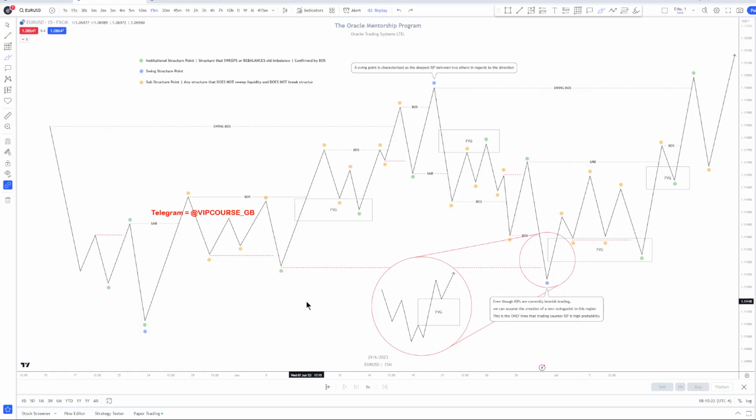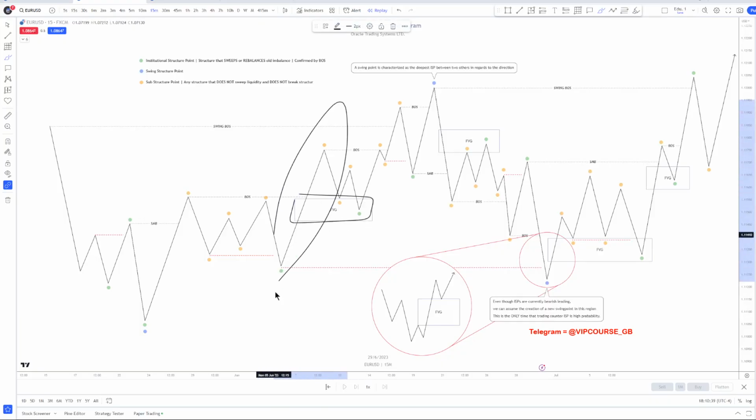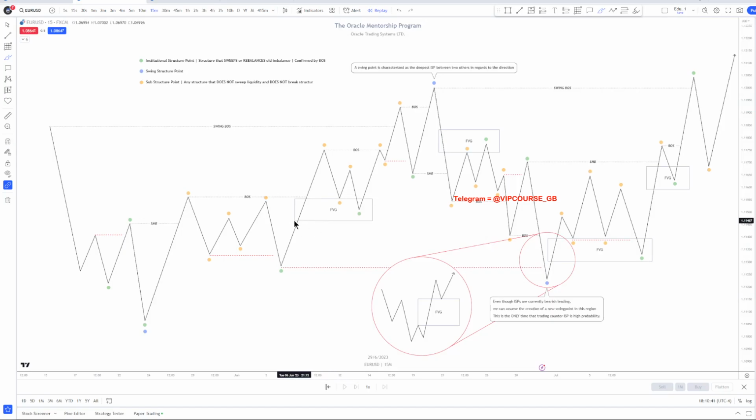The fourth type of liquidity, which is not traditionally how we view liquidity, is fair value gaps. Fair value gaps are liquidity because they represent residual orders in the market. Okay, so in this case, we have a fair value gap as a result of this bullish leg. So this would be called a buy side imbalance, sell side inefficiency.